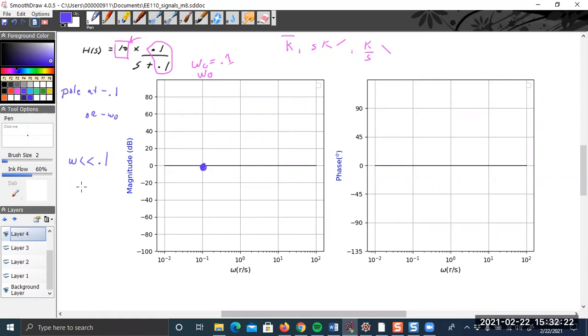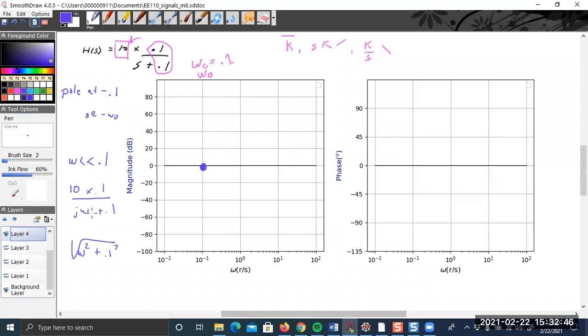If 0.1, and now I'm just going to put j omega plus 0.1. This doesn't change, right? But if I were to do the magnitude, this would be omega squared plus 0.1 squared, and I'd take the square root of that, right?